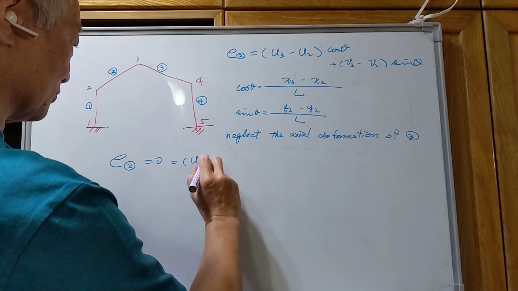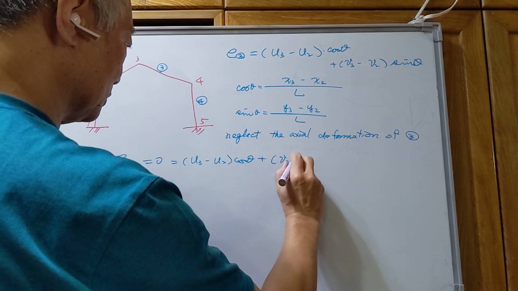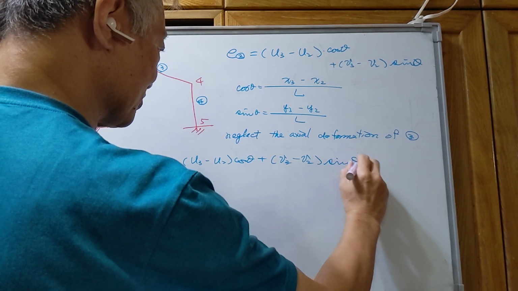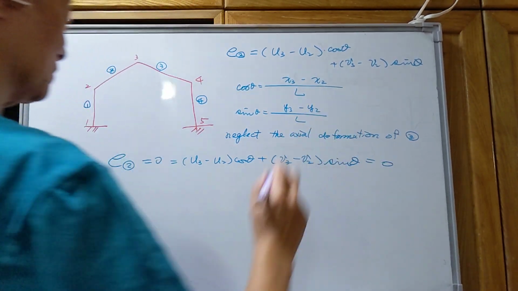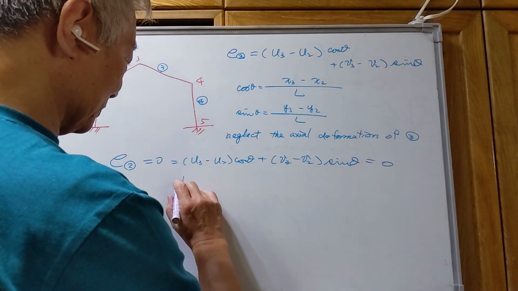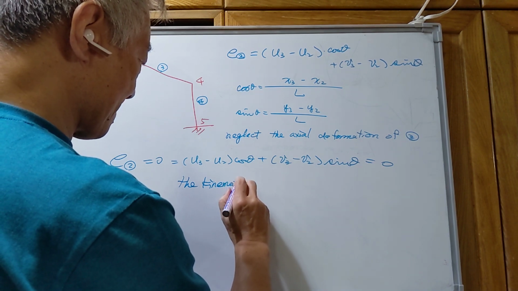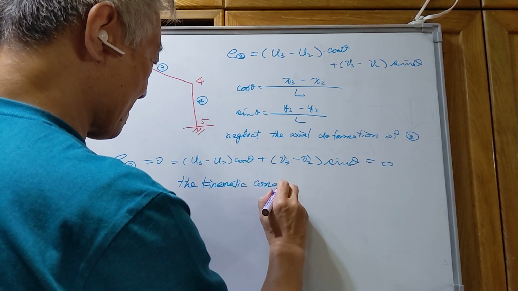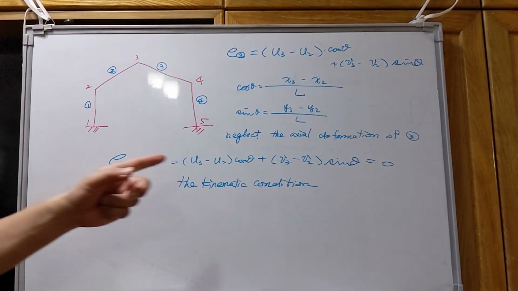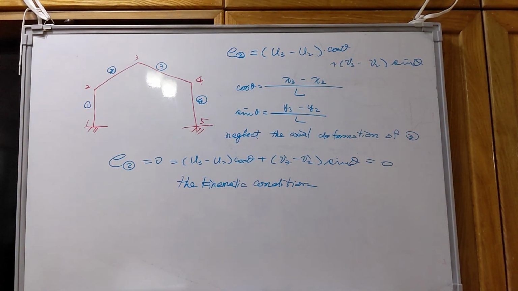Then we have (u3 minus u2) cosine theta plus (v3 minus v2) sine theta equal to 0. That's also the kinematic conditions, and sometimes they are also called the constraint equation.